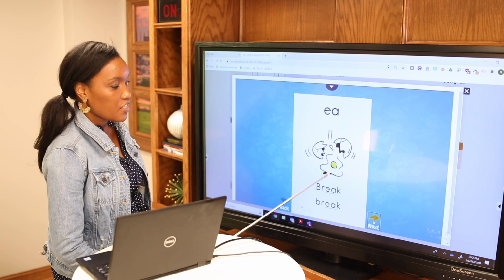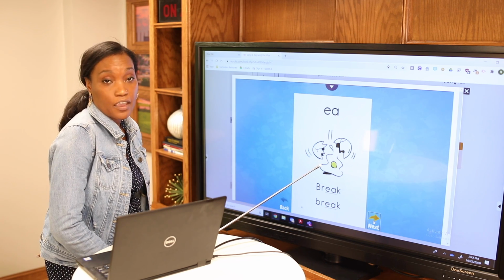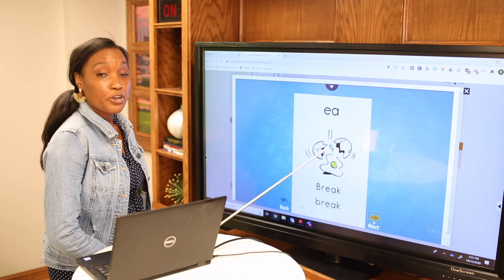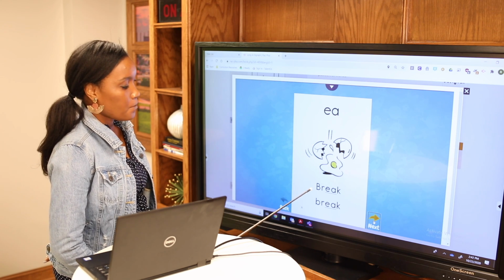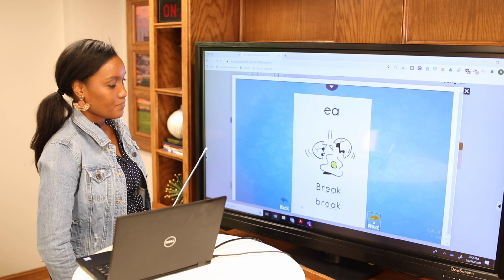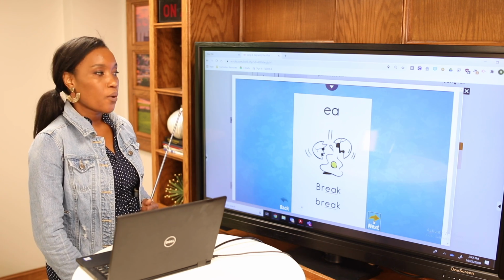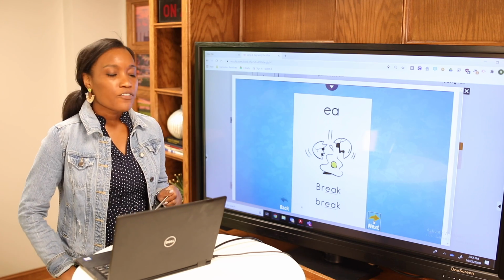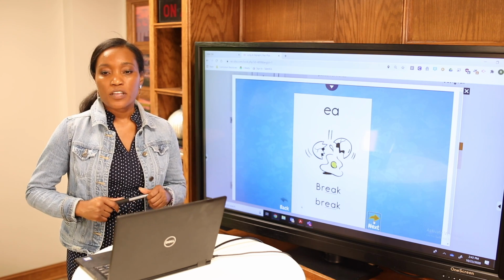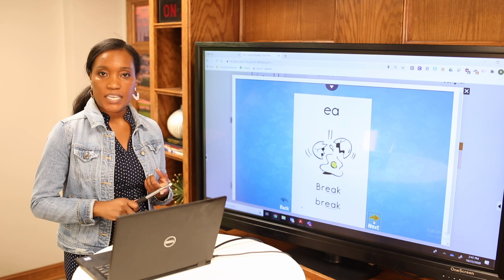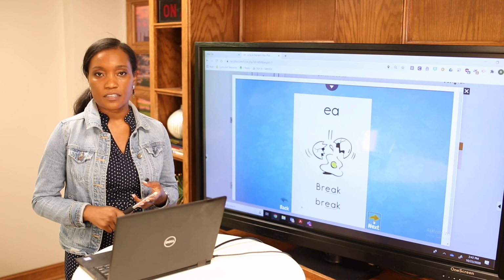Break. This is what happens when we drop an egg or we crack it so we can cook or bake with one. Break. Egg. Break. Okay. So, remember, everything you learn, you want to practice by spelling it, saying it, and reading it.